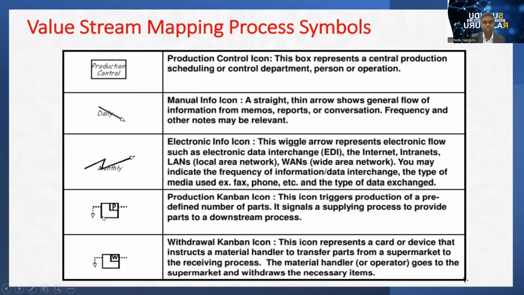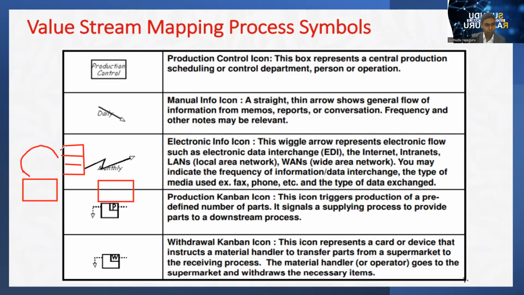This is called production Kanban. This is called withdrawal Kanban. Kanban means material request. I think you can remember we discussed this in previous videos. Now, as I explained, if there are two operations here, the first process and the second process, and we have already implemented the supermarket here, then I told you we can fill the supermarket by using this kind of arrow.